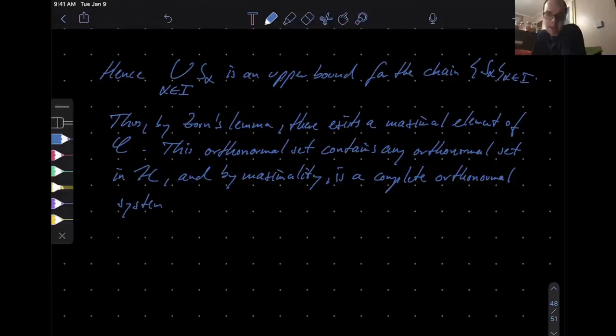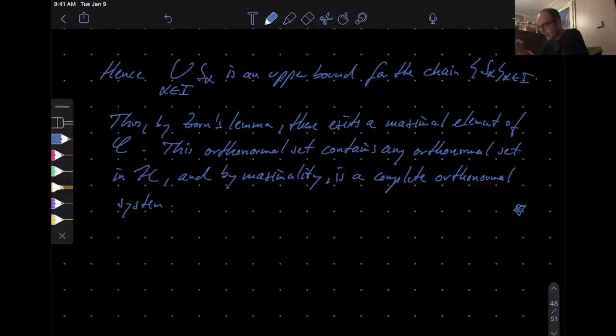So this maximal element is indeed an orthonormal basis. This concludes the proof. It's a completely abstract argument, not constructive at all, but it's the first exposition of Zorn's lemma. Since it's the first time, you should carefully study the proof and particularly familiarize yourself with Zorn's lemma, because we're going to need it again.